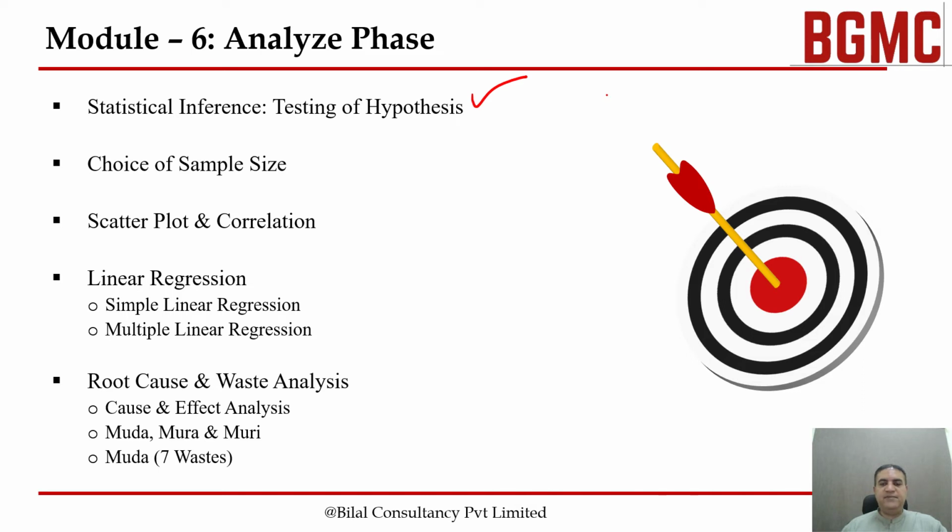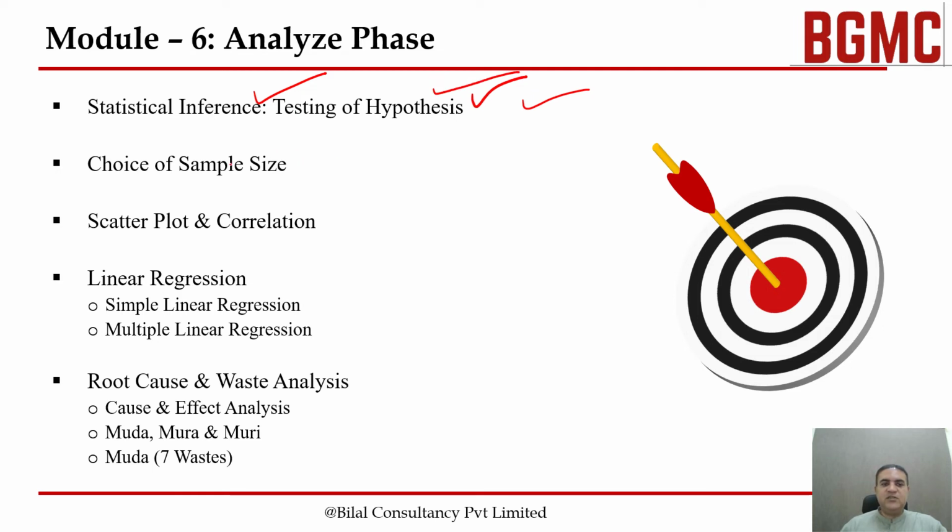If I say that using the box and whisker plot I found that machine C is creating the problem, I have to apply testing of hypothesis, which is inferential statistics, to confirm that machine C is creating the problem. We are verifying whether this root cause is actually creating the problem or not. So here we are going to use testing of hypothesis.